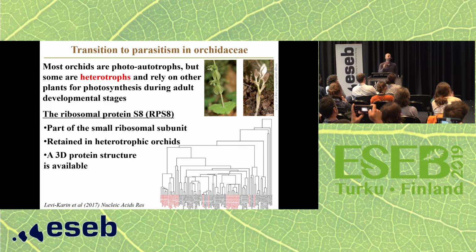What was important here is that this protein is retained in the parasites. So we can examine the sequence of this gene across the whole phylogeny, whether it's in the parasites or in the autotrophs. And in addition, a 3D structure of the protein is available, so we can map the site-specific inferences onto the three-dimensional structure of the protein.